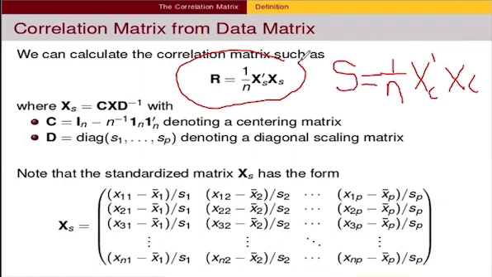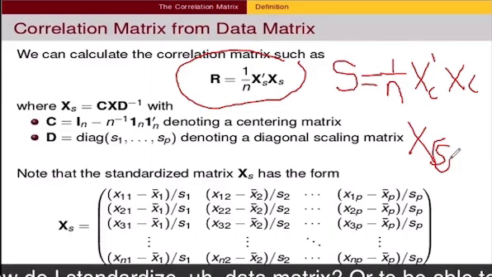If you want to obtain this S subscript S, that S means standardized. How do I standardize a data matrix? To be able to standardize a data matrix, what I'm going to do is center first.